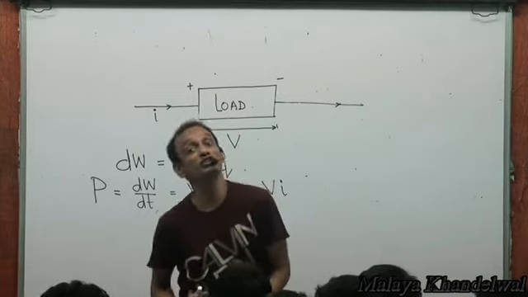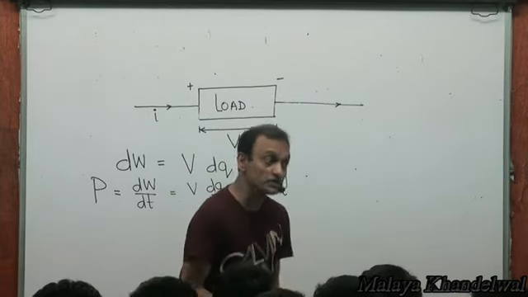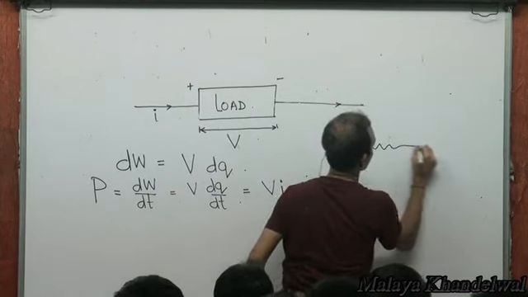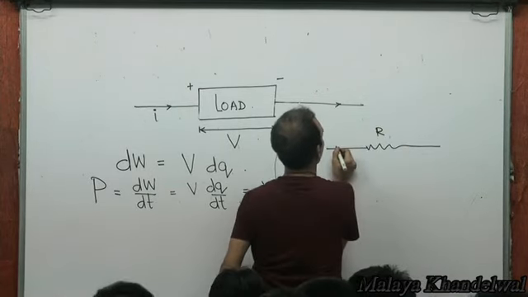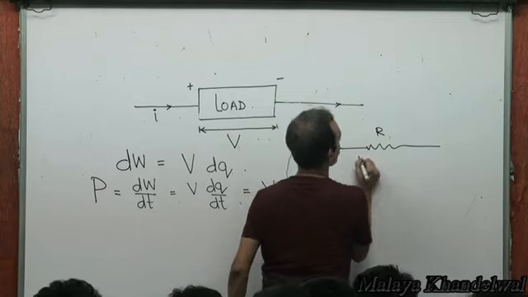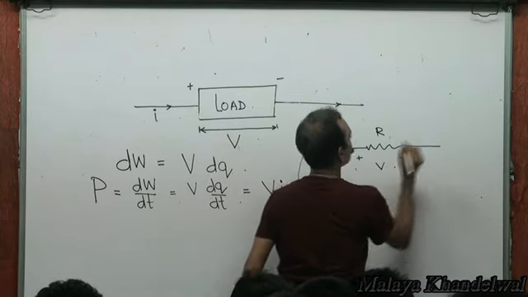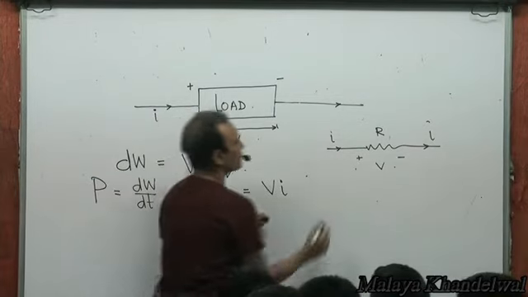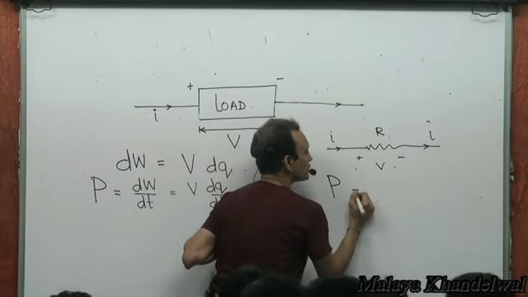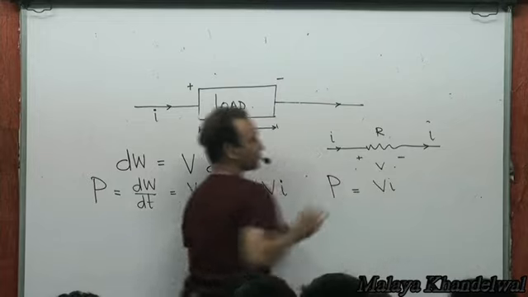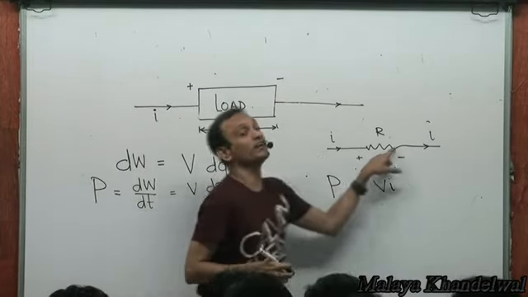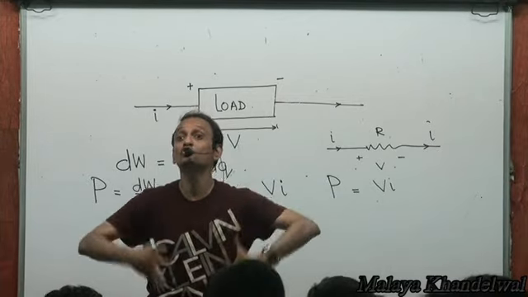Say the load is in the form of a resistance, and a current I flows through this, resulting in a drop of V volts. Then the power associated with this is going to be V into I. This would be available as what is referred to as joule heating.